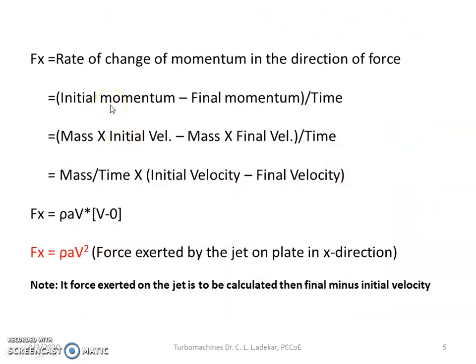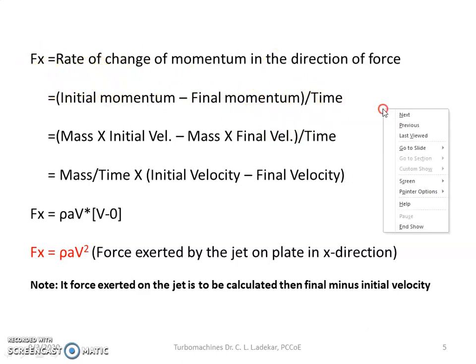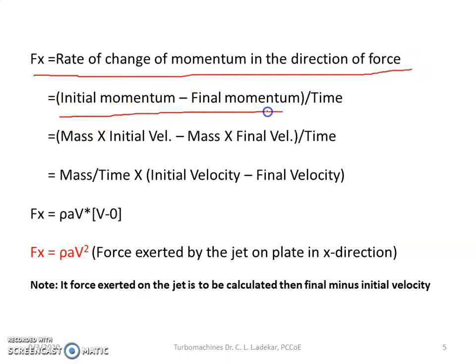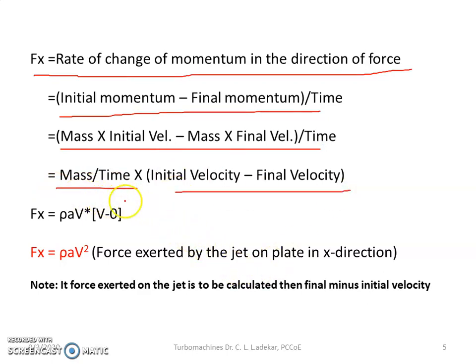Now to calculate the force exerted by the jet on the stationary flat plate, as per the impulse momentum principle, the rate of change of momentum in the direction of force is the initial momentum minus final momentum per unit time, which is mass per unit time into initial velocity minus final velocity. The mass per unit time can be calculated as rho A v.